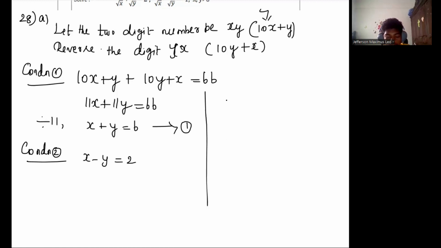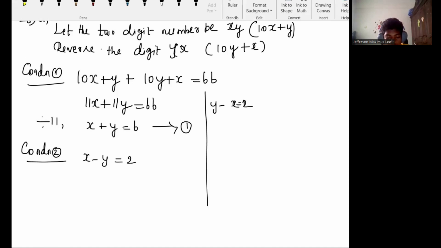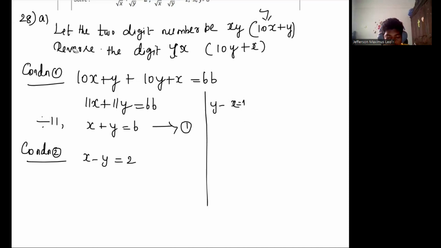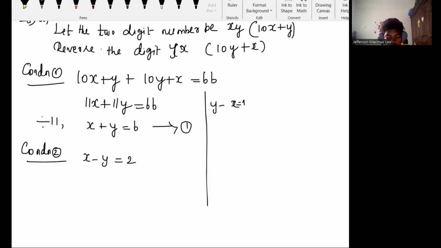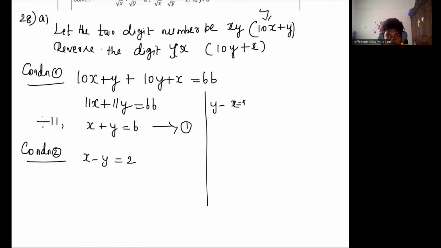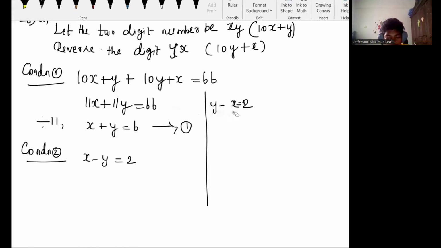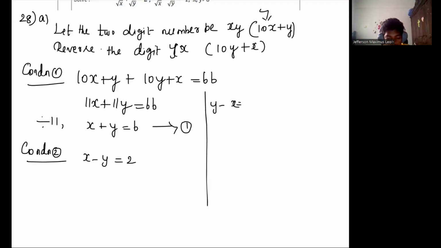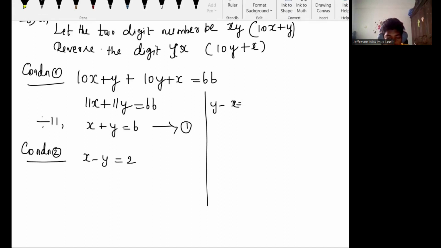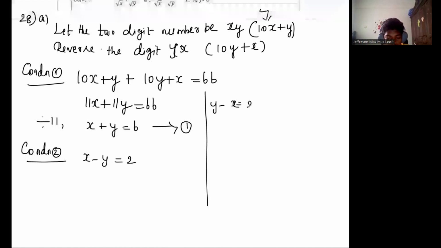And one more case, y minus x is equal to 2.